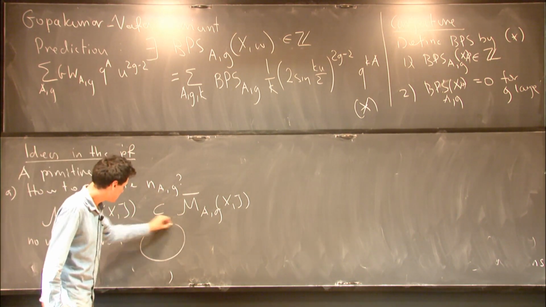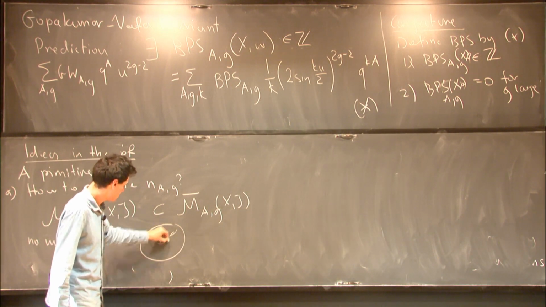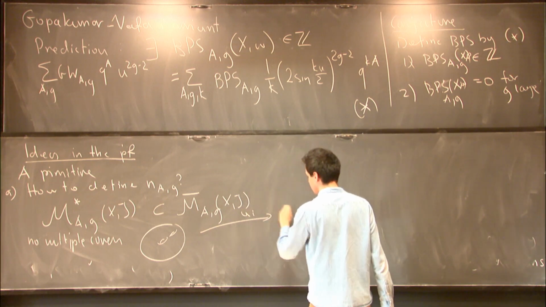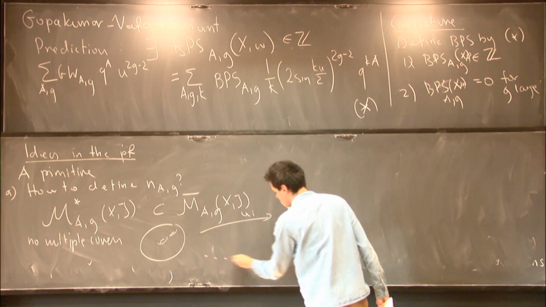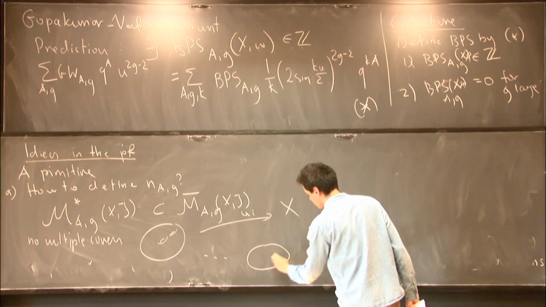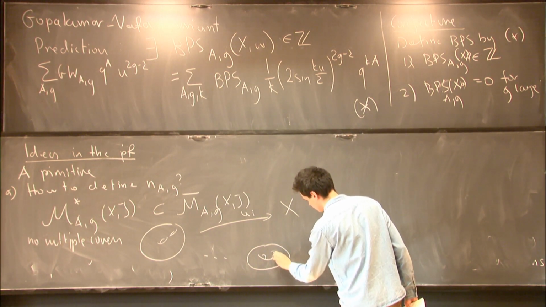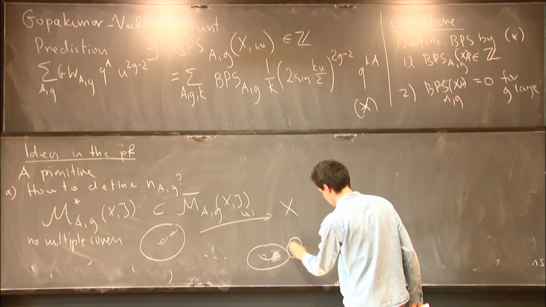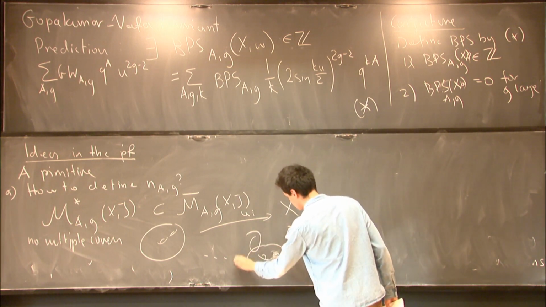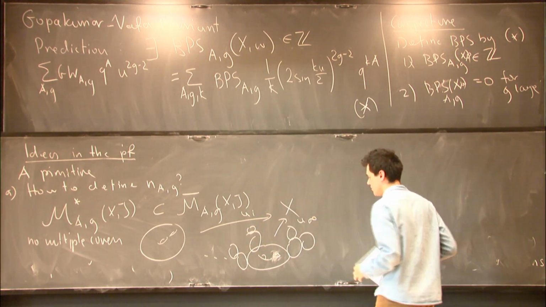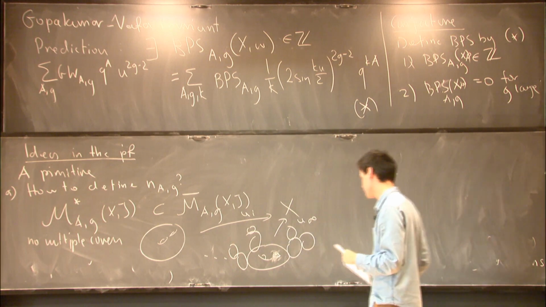So you could have a sequence of curves, some maps u_i to X, which in the limit degenerates to a map from some kind of bubble tree. And you have to study when such a degeneration happens.